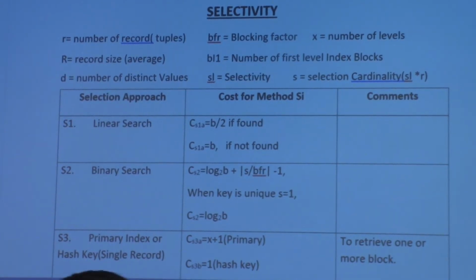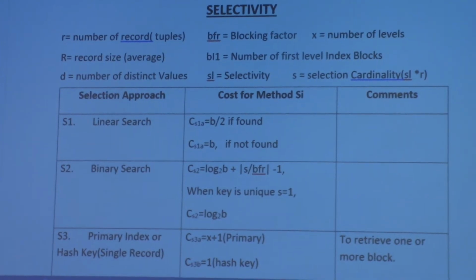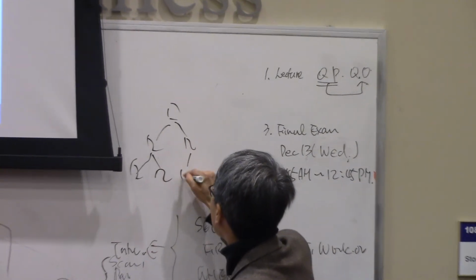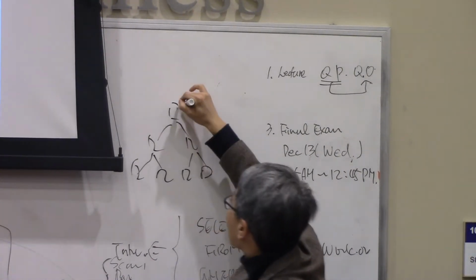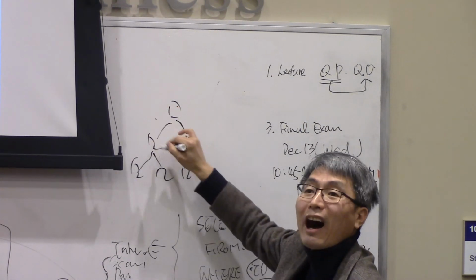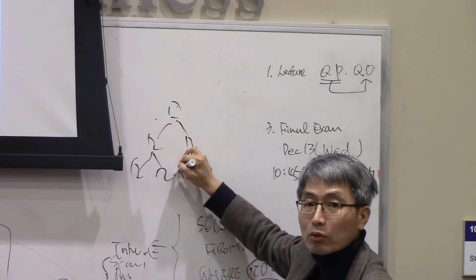And X is, in case of an index, usually the level of that. So what does level determine? The number of I/Os when we search the data using the index.